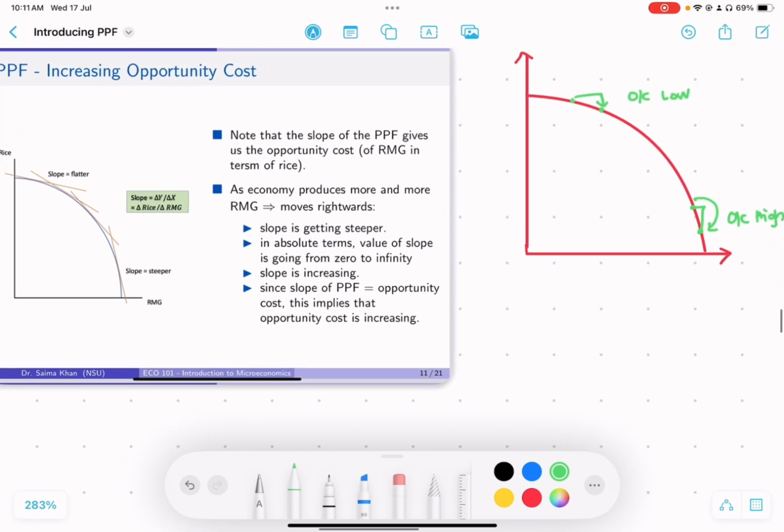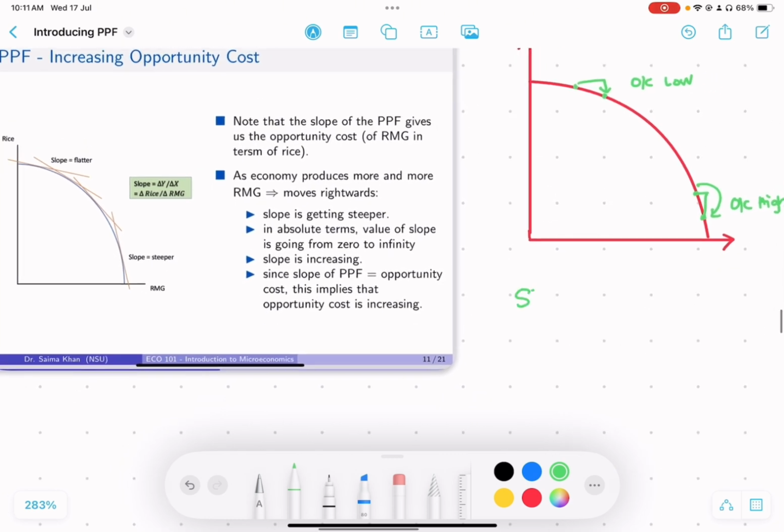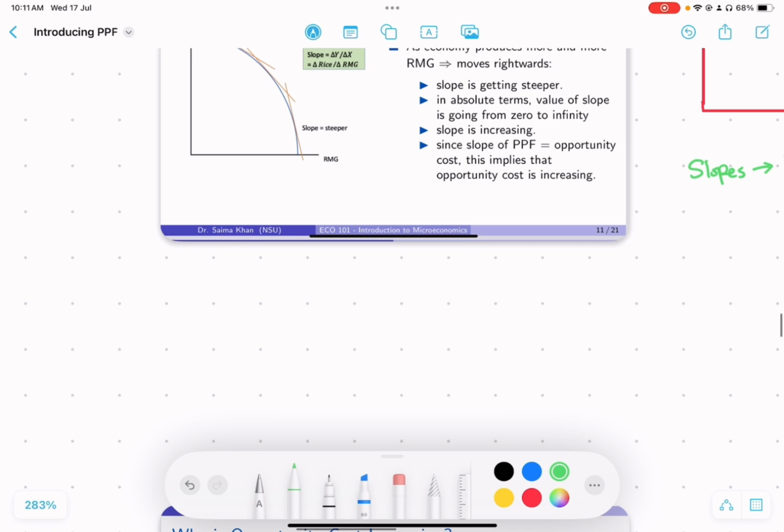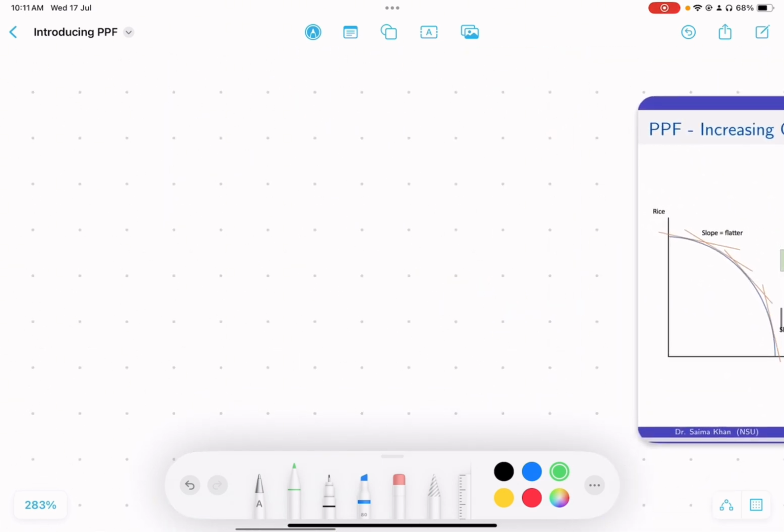But to understand this, first I need to explain a bit about slopes and how they are linked to opportunity cost. Let's do a quick recap of what we mean by slope. Say you've got a diagram like this.